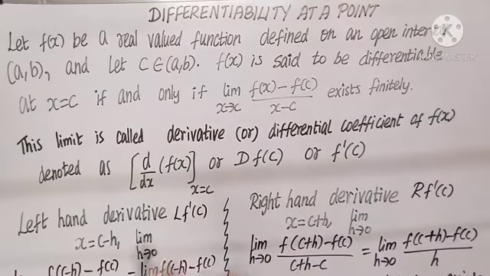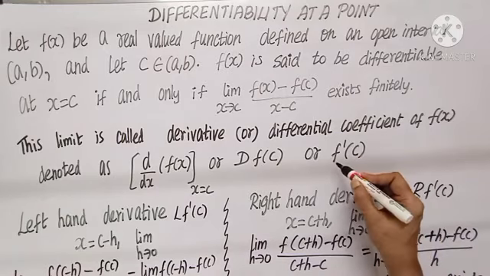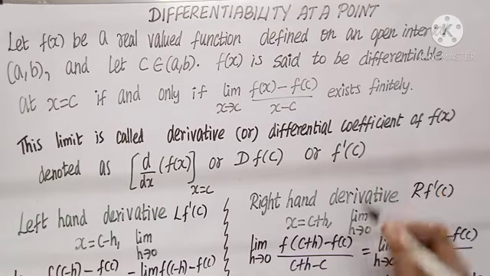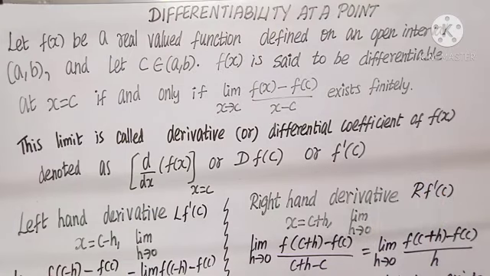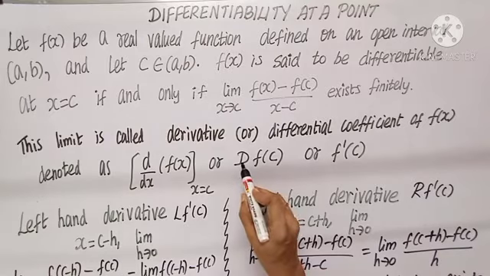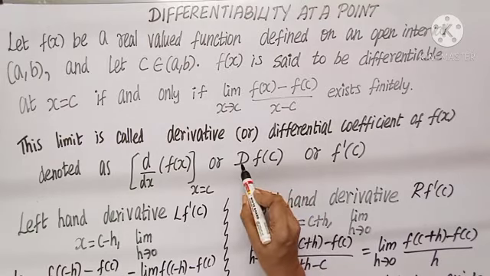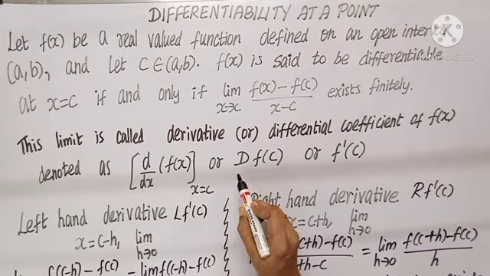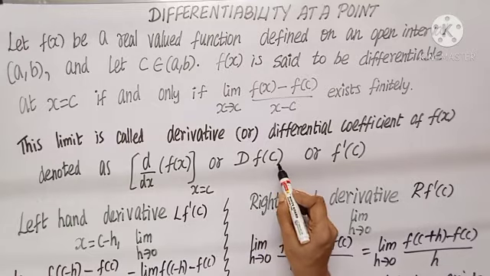We denote it f dash, that is, the derivative of f(x) at x = c. In short, f'(c), or the derivative of f at x = c. Derivative, capital D, of the function f(x) at x = c, so Df(c).